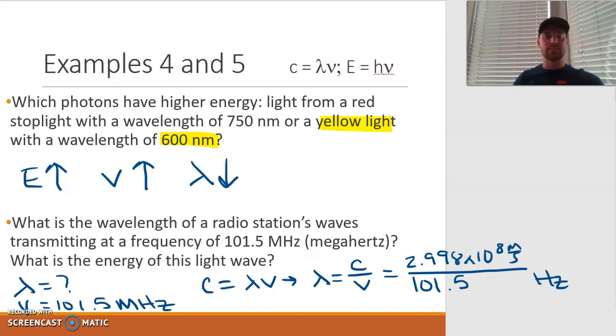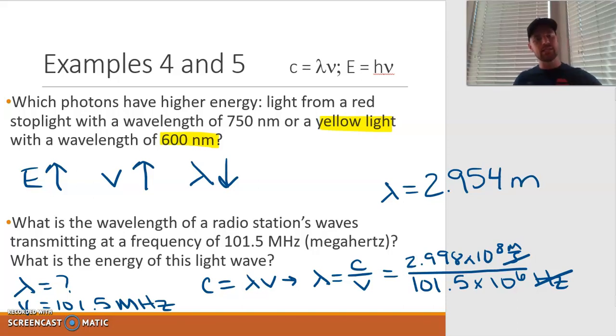Mega stands for times 10 to the 6th. So if I just add on times 10 to the 6th, I have now converted it to just hertz. As a result, the seconds will cancel with the hertz, because remember that's 1 over second, and my length will be in meters. And so let's calculate. 2.998 E8 divided by 101.5 E6, and I end up getting, with 4 sig figs, that the wavelength should be 2.954 meters.